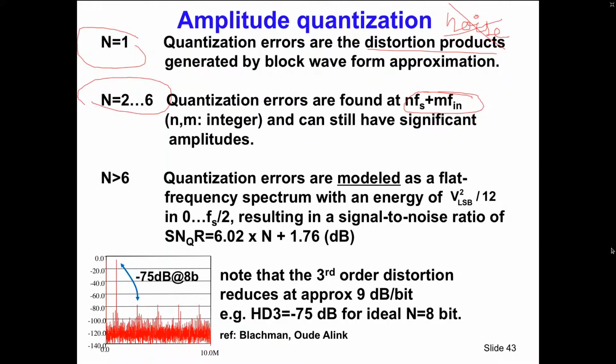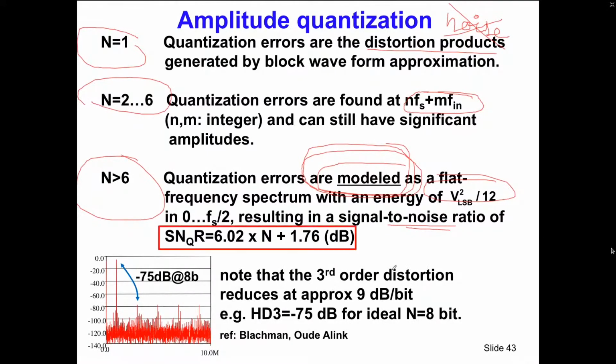And then above 6, people model, just as with kTC, the quantization as a flat frequency spectrum with the quantization error energy in there. And then people talk about the signal to quantization noise ratio, this very important formula that is of course in every A to D converter designer's mind.